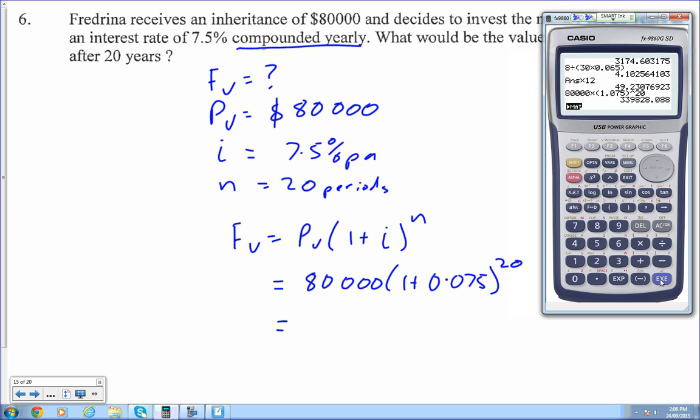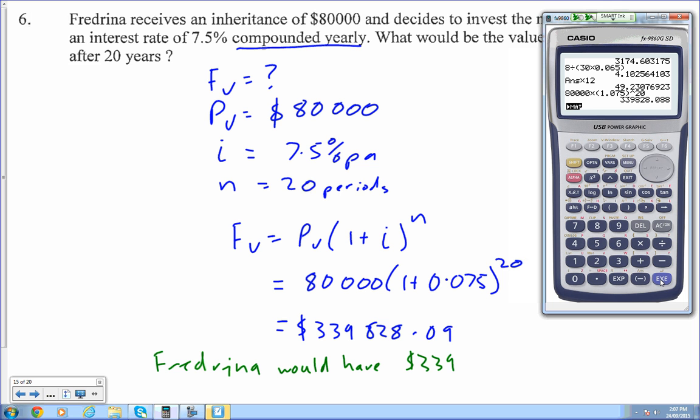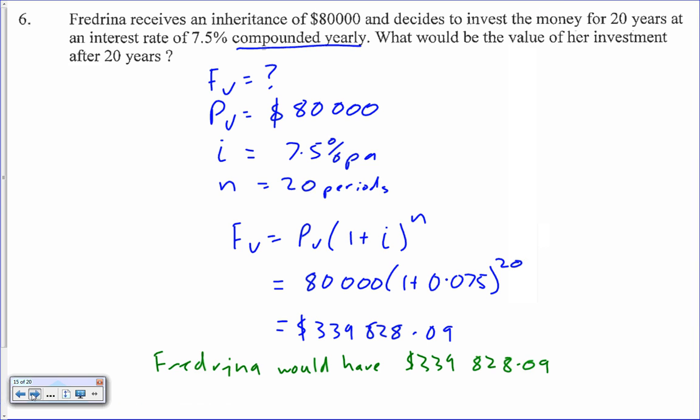And so after 20 years, we're going to have $339,828.09. So down here we can say Fredrina would have $339,828.09. So that's how much they have after 20 years.